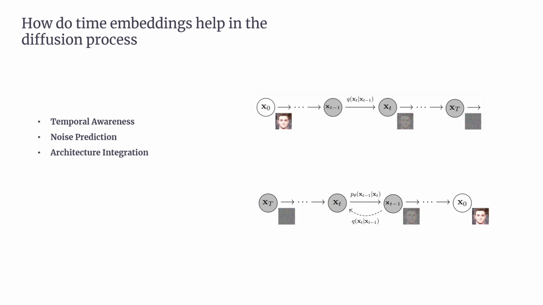Second, noise prediction. Time embeddings also play a crucial role in noise prediction. 1. They allow the model to accurately predict how much noise is in the image at a given time step. 2. The model can then adapt its denoising strategy based on the noise level expected at that particular stage in the process. Third, architecture integration. In terms of how time embeddings are integrated into the model's architecture: 1.